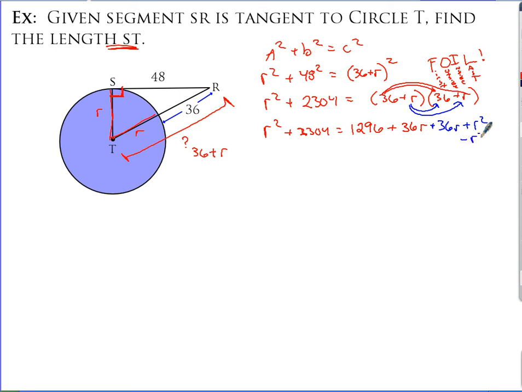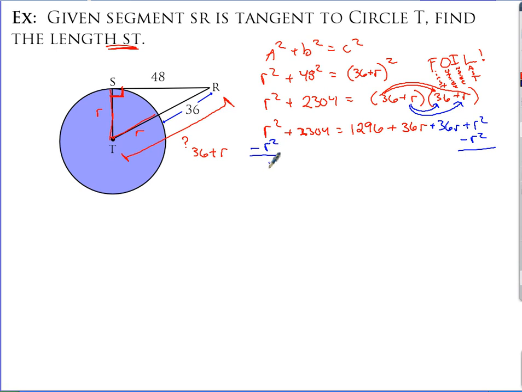Subtract. So I subtract R squared, then I subtract R squared here. What happens? You get 0 R squared. Yay! Algebra 2 students, we do not have to solve a quadratic equation, right? Which we wouldn't do in geometry at this point. So you shouldn't get R squared or X squared for these problems.